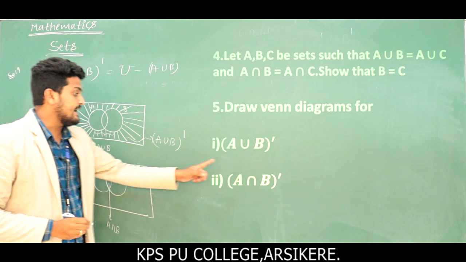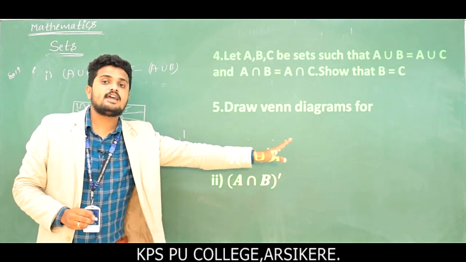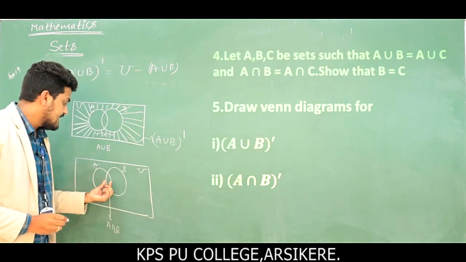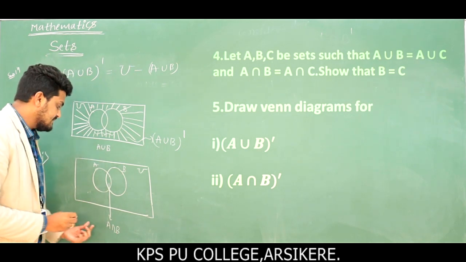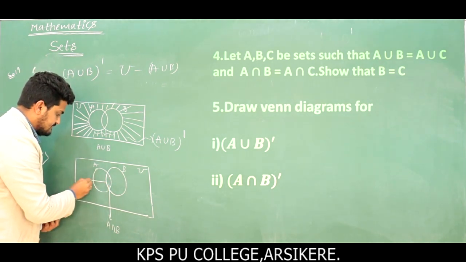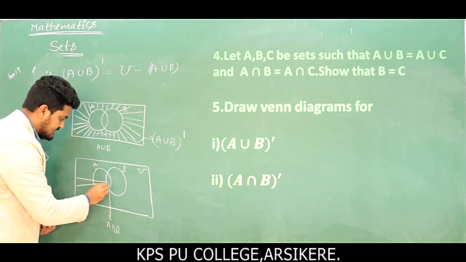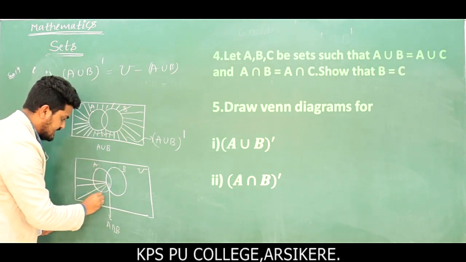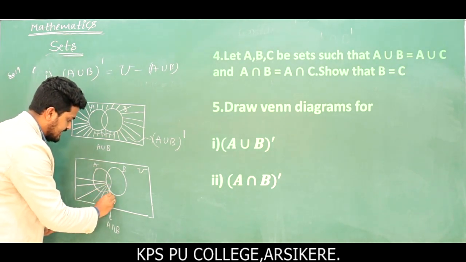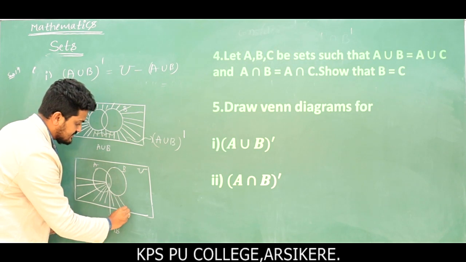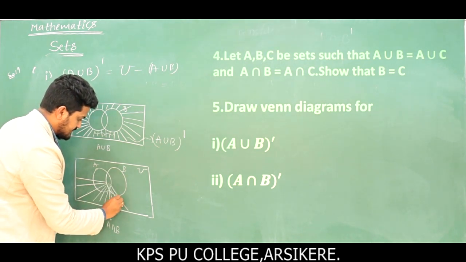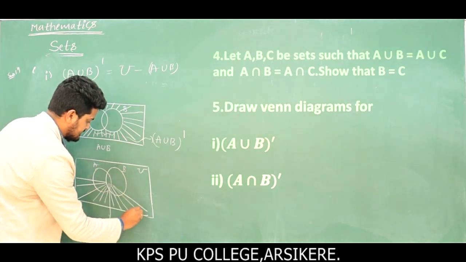But here it is A intersection B whole dash, the whole complement. That means except A intersection B, shade the remaining part.